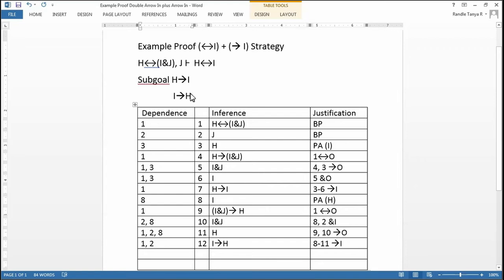Well, so now I have this second conditional subgoal, so now I have both the conditionals that I need to use biconditional or double arrow in rule to get my conclusion.